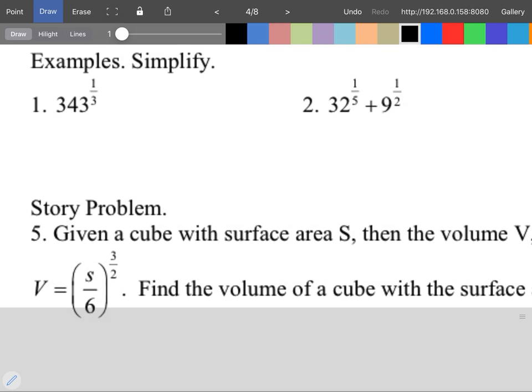So the 343 goes inside the radical, like that. And then, again, the denominator is the index of the root. So that 3 right there, that denominator goes in here.